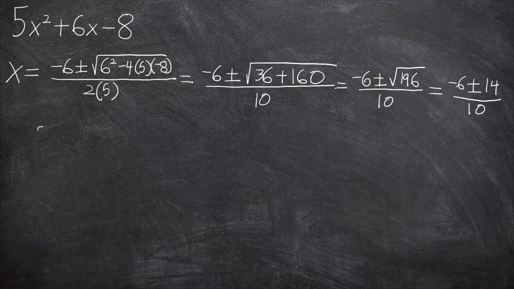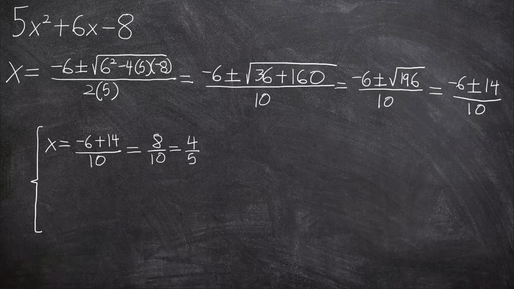So let's go over here and start evaluating. Starting with plus, negative 6 plus 14 over 10. Negative 6 plus 14 is simply 8, and it will be over 10. And we can simplify this down to 4 over 5. So that's one of our x values.